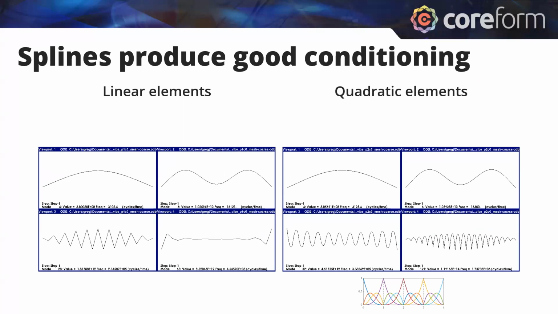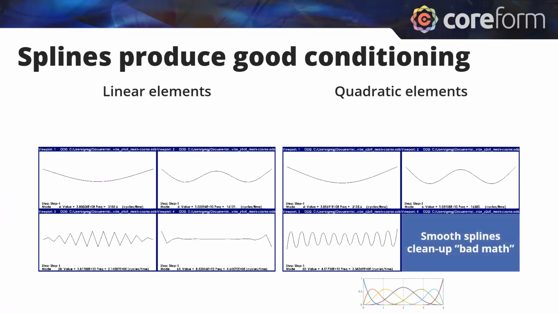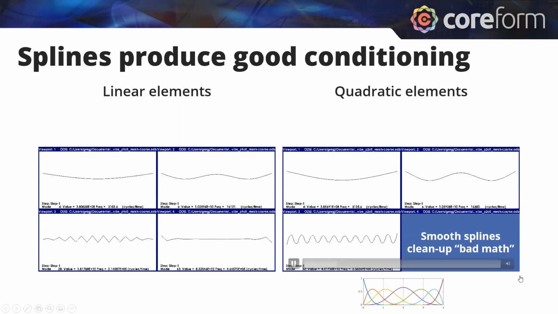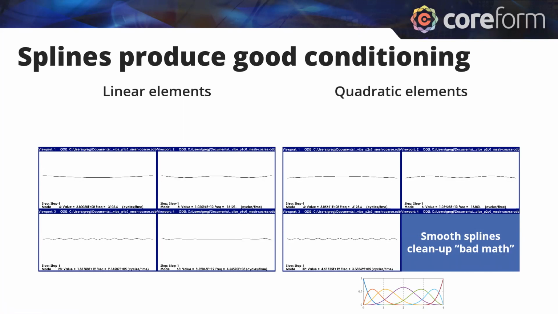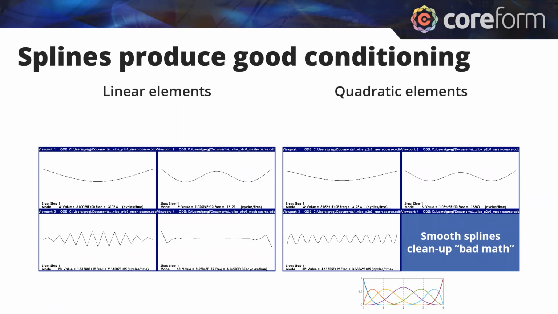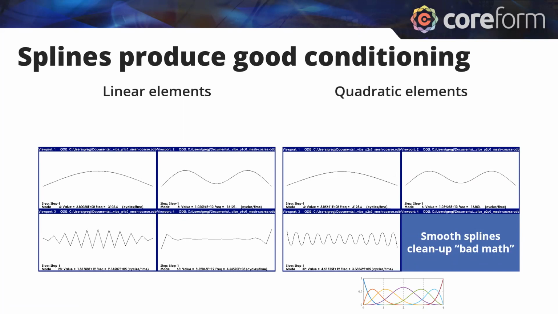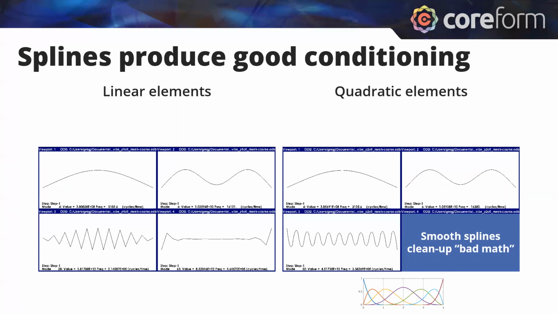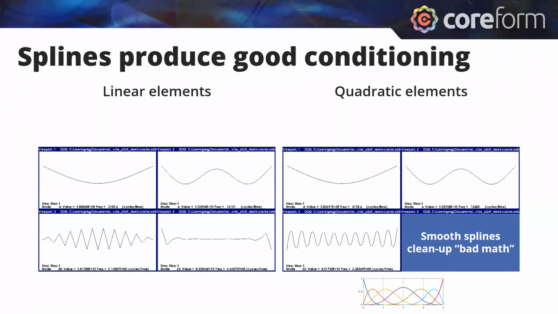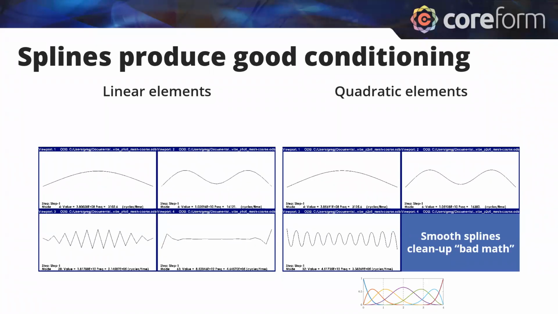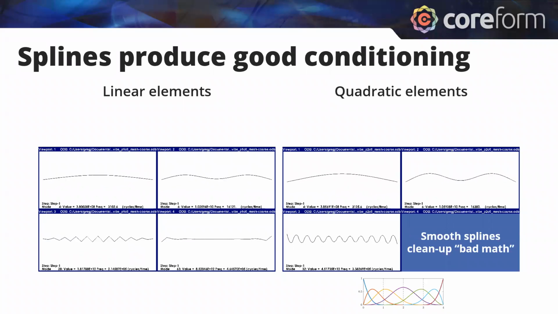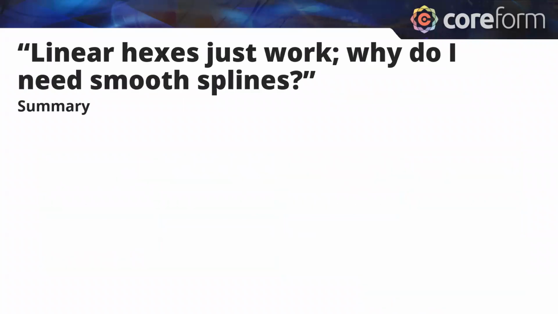If we add smoothness, smoothness essentially comes through and cleans up that, quote unquote, bad math that's infecting our systems. This makes our problems more well conditioned, so that they're easier to solve with an iterative solver. If you're running explicit dynamics, it increases the stable time step because you don't have all this high frequency noise in your solution. So that's why we want smoothness: for conditioning.